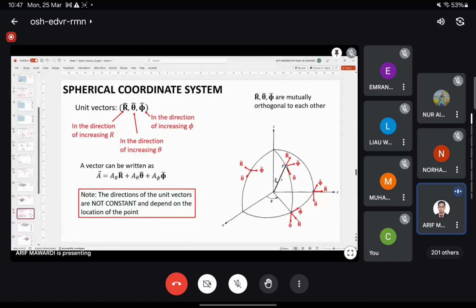Therefore the direction of R at this point is along this direction. Theta should be in the direction of increasing theta. Theta is defined as the angle from the positive z-axis, so it should be increasing along this direction. So at this point theta is pointing along this direction, and phi is defined as the angle from the positive x-axis, so it is increasing along this direction.